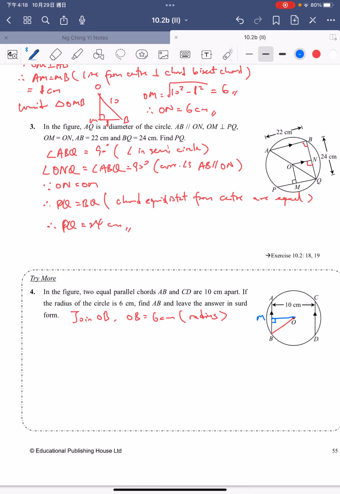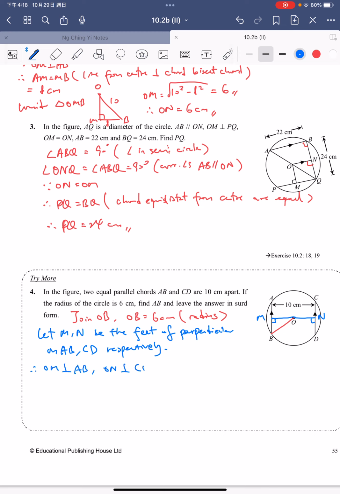We do the similar thing from O to CD, and this foot of perpendicular is N. So we let M and N be the feet of perpendicular on AB and CD respectively. Now we have OM perpendicular to AB, and similarly ON perpendicular to CD.